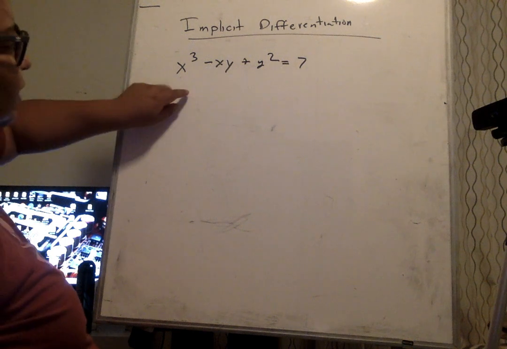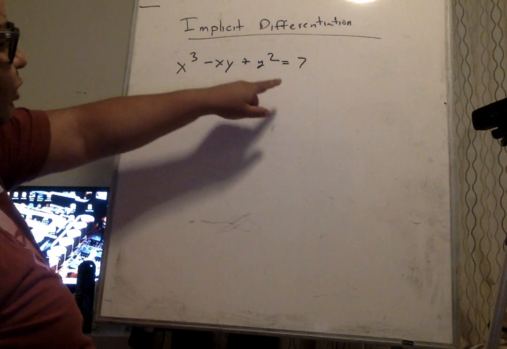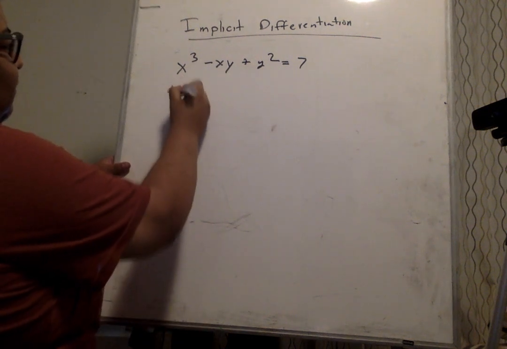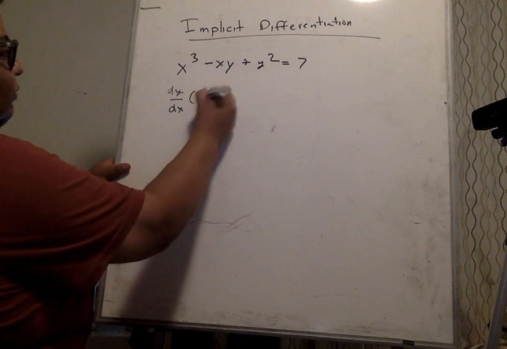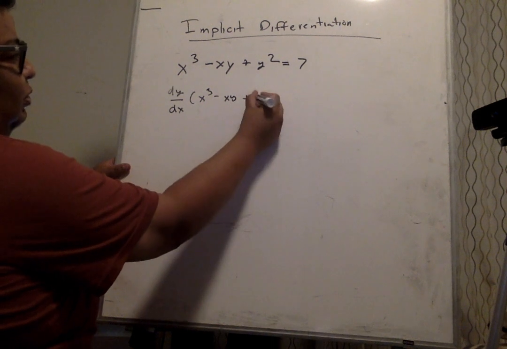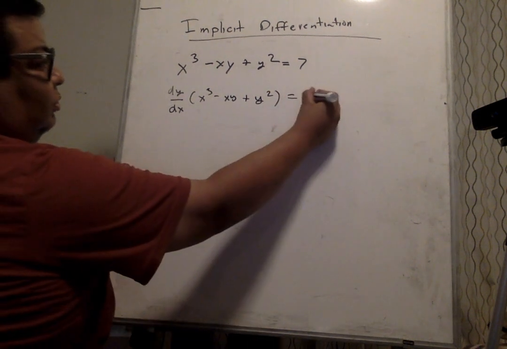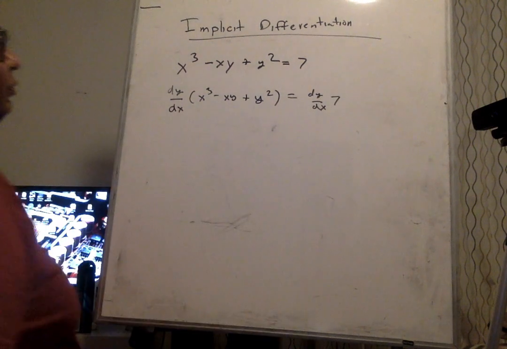The way you do it is you take the derivative of each term of both sides. You take the derivative of the left side by doing dy/dx of x cubed minus xy plus y squared equals dy/dx of 7.